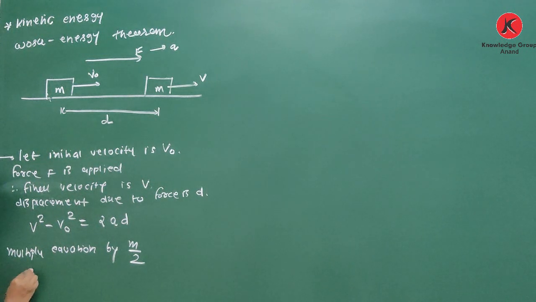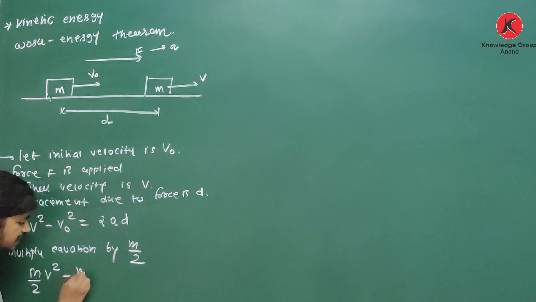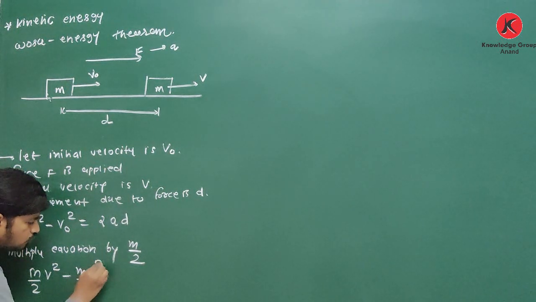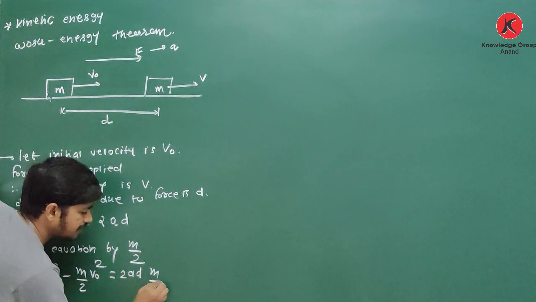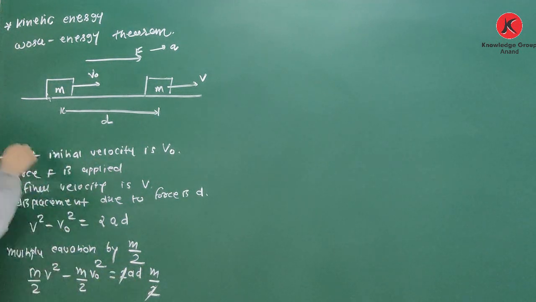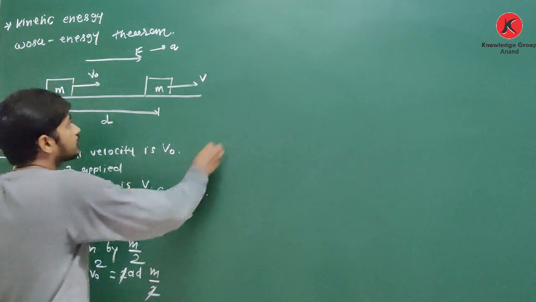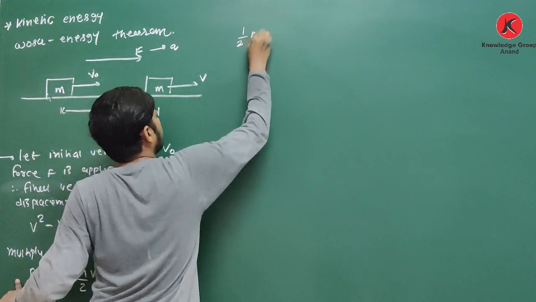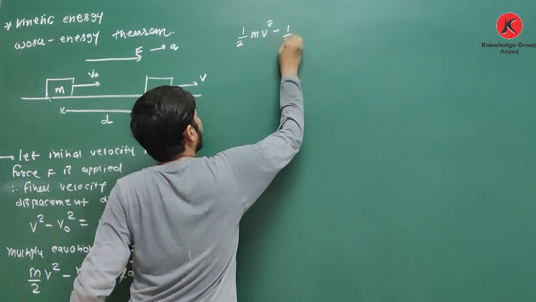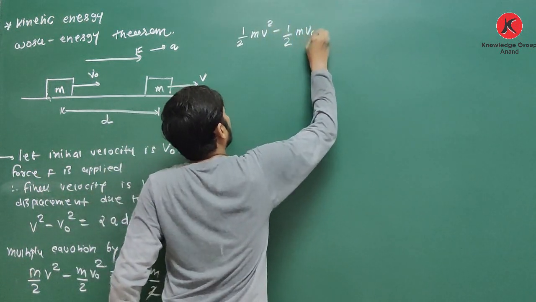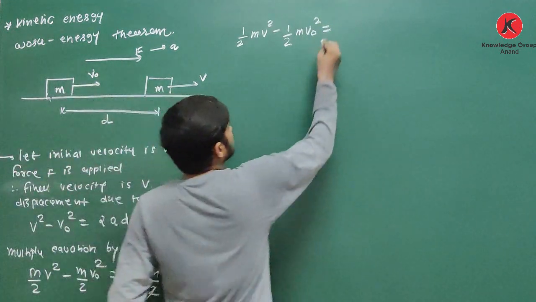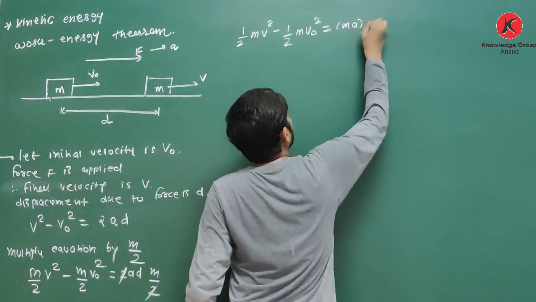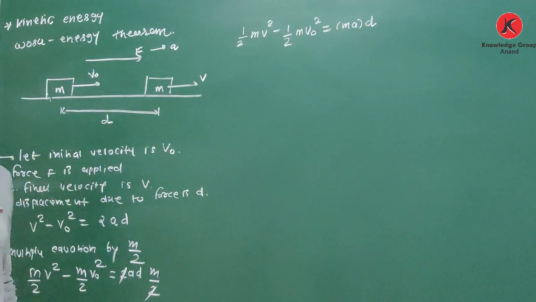Here it is m by 2 v square minus m by 2 v0 square is equal to 2ad times m by 2. So this 2 cuts with this 2. I can write this equation as half m v square minus half m v0 square is equal to m a d.